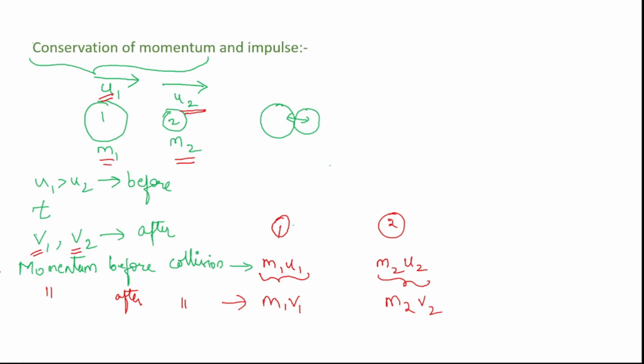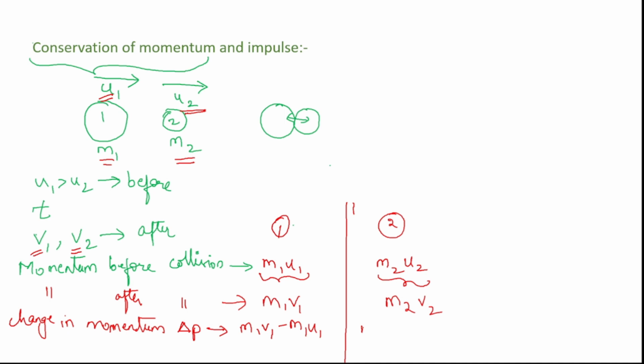Now let us write the change in momentum. What will be the change in momentum? It will be m1 v1 minus m1 u1, right? We have to subtract initial momentum from final momentum, and for the second object it will be m2 v2 minus m2 u2.